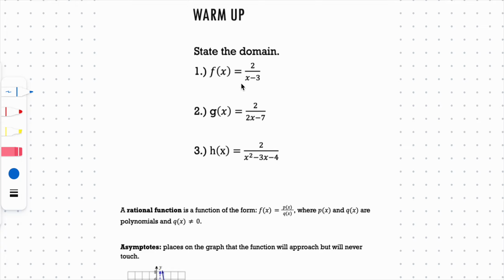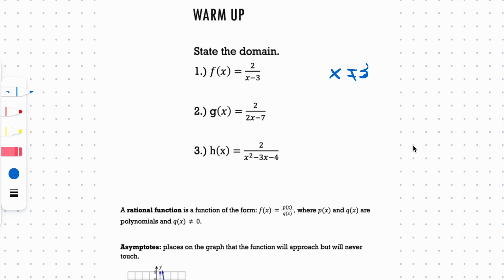So what value of x makes our denominator 0 in this first problem? 3. So we know that x cannot equal 3.